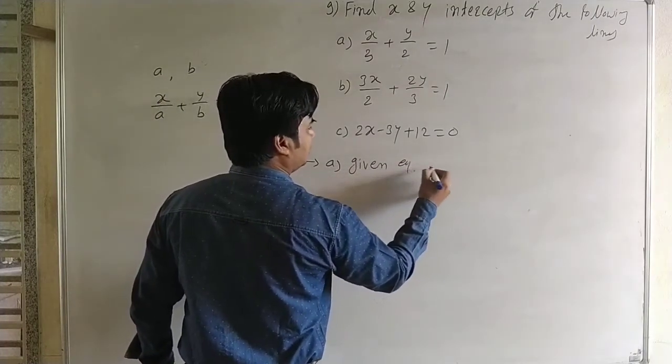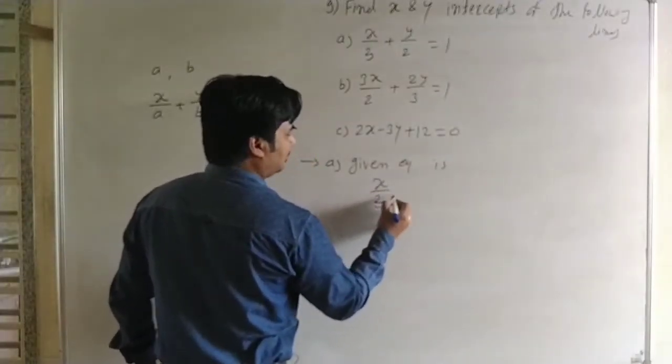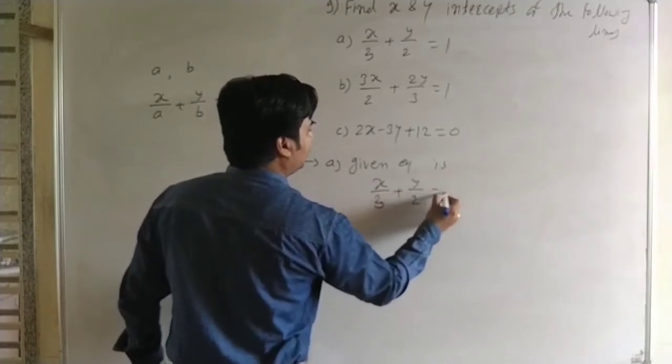Now first example, the given equation is x upon 3 plus y upon 2 is equal to 1.